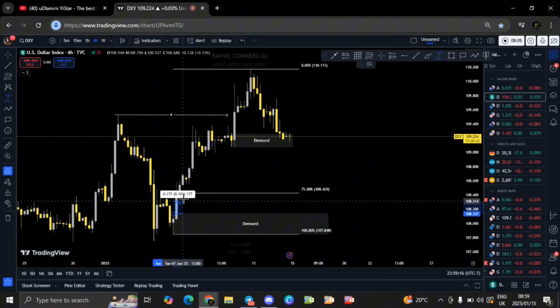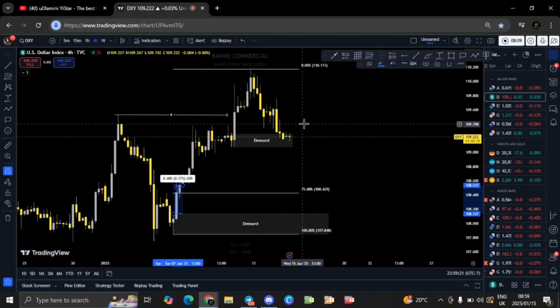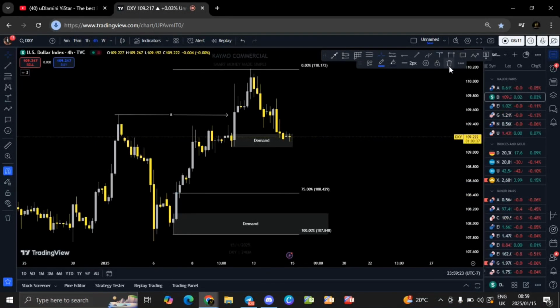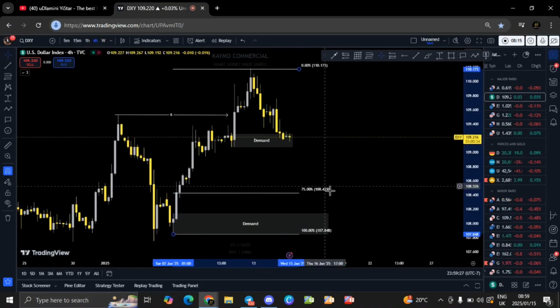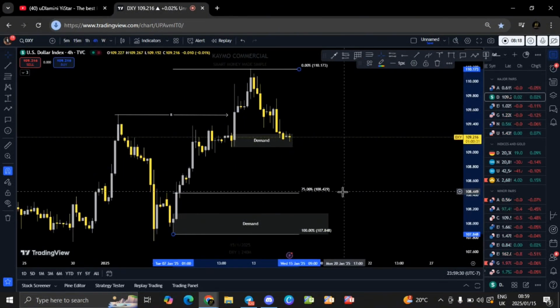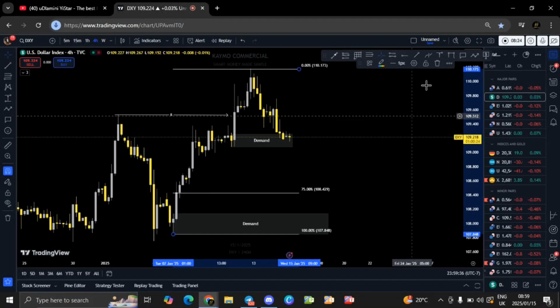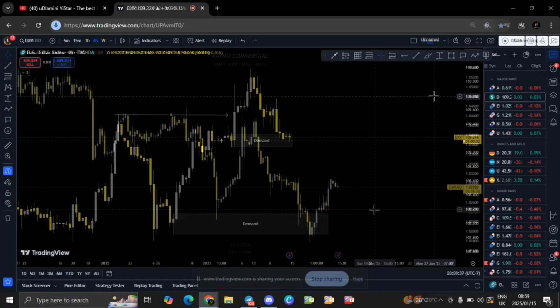At this point, we still need this demand to be filled. So I'm going to wait for the DXY to drop and then keep on looking at my pairs. If I was to trade this, I would enter at this 75% zone for a consistent risk reward ratio of 1-3. So yeah, let's go to EURUSD.